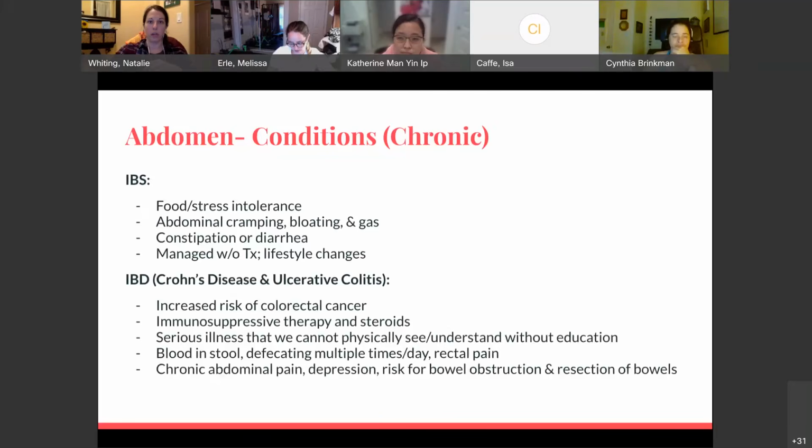Okay. Abdomen. So these are a couple chronic conditions that I put up just to differentiate the two, because for the few of you that might know a little bit about my background, this is important for me to tell you that these are very different things. IBS and IBD are not the same thing.